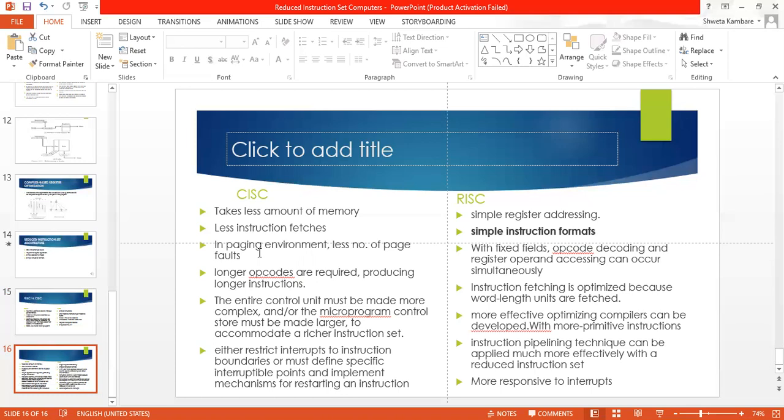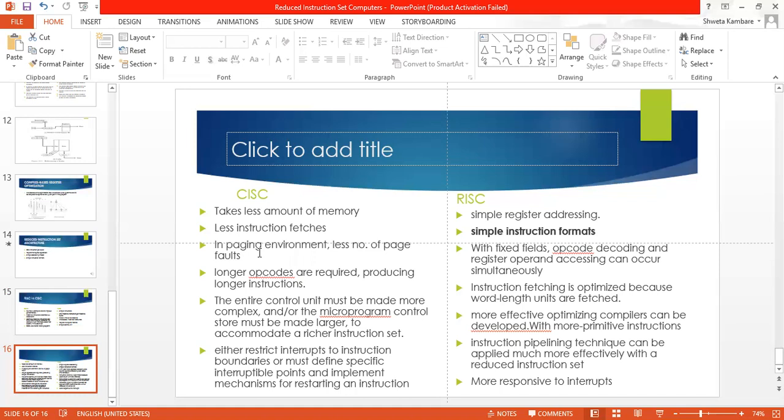And the last one is: either restrict interrupts to instruction boundaries, or define specific interruptible points and implement mechanisms for restarting an instruction. What this means is, as the instruction is complex, it's going to take more time for that instruction to be executed.